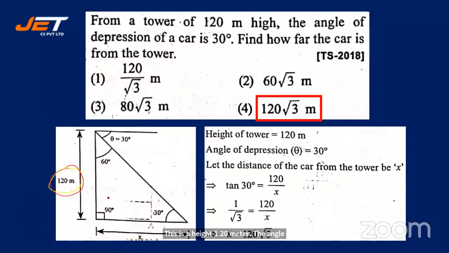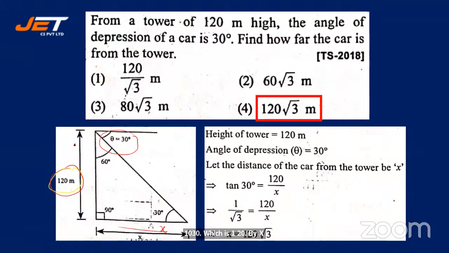The angle of depression is theta. So here you are assuming the theta is here, which is nothing but 30 degrees because the question says it is 30 degrees. So let the distance of the car from the tower be x. So you have opposite side and base, which is tan 30, which is 120 by x.